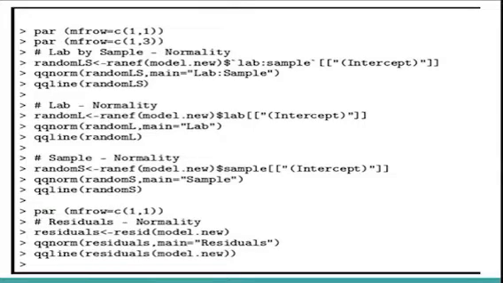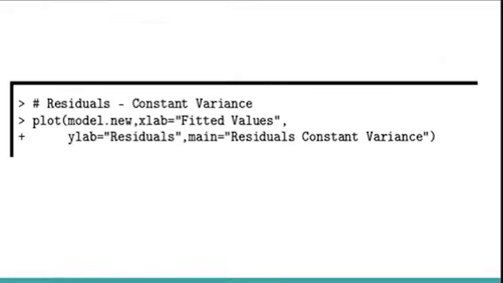I'm going to investigate the assumption of normality for lab. Don't forget, lab as a factor is a random effect. It follows a normal distribution, and we need to investigate that. What about sample as a factor? It follows a normal distribution. That also needs to be investigated. And we're also going to investigate the assumption of constant variance as well.